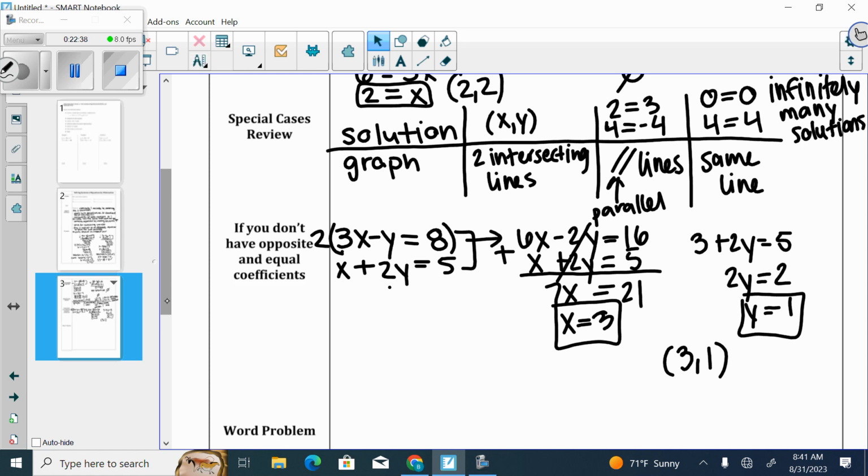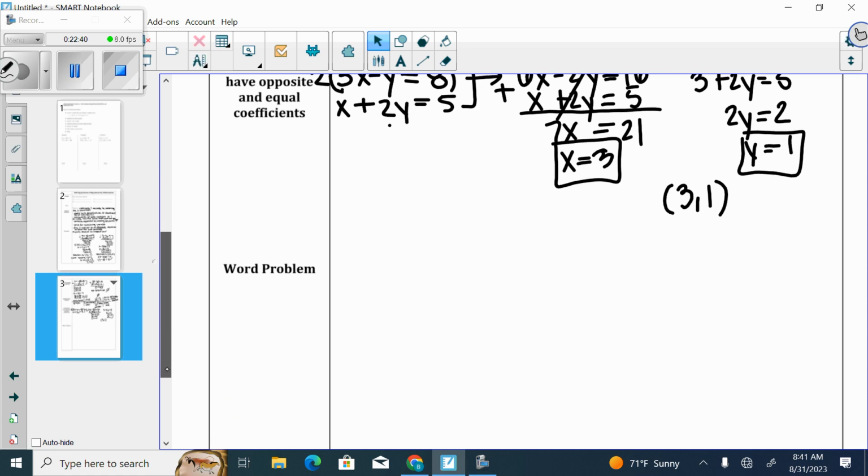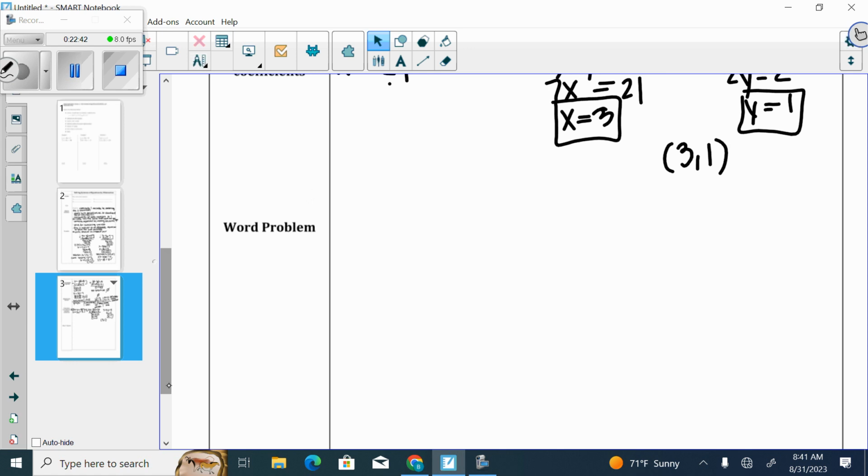Okay, we have one left, and we're going to do a word problem together here. It did not print the word problem on your notes, did it? Okay, that's okay. I'll just read it out loud for you. It says that 2 families go to a hockey game. One family purchases 2 adult tickets. I'm going to write that part down.